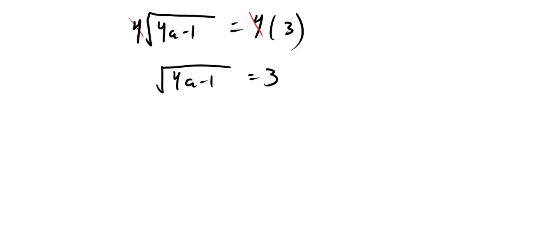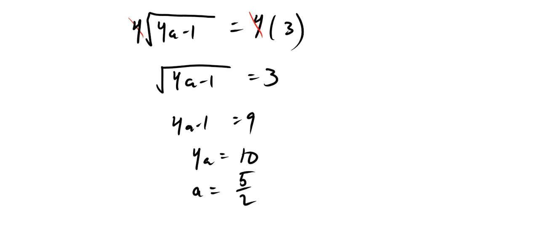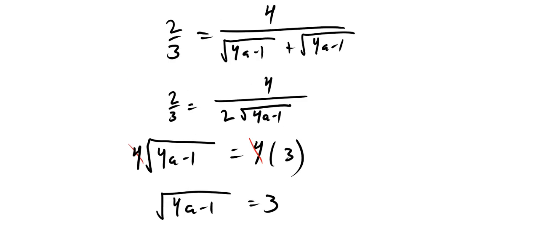Now I can square both sides: 4a minus 1 equals 9, 4a equals 10, and a equals 10 over 4, or 5 over 2. Any questions?